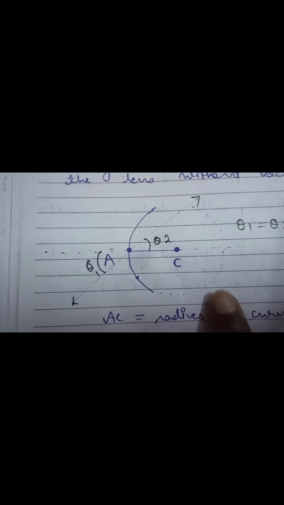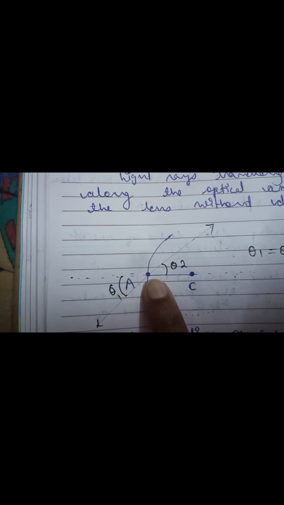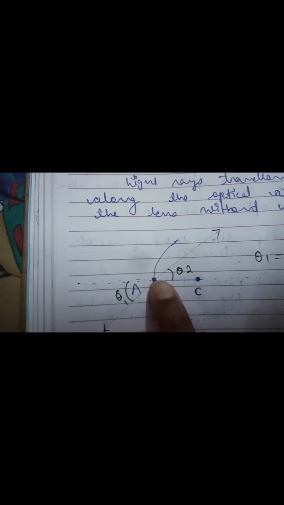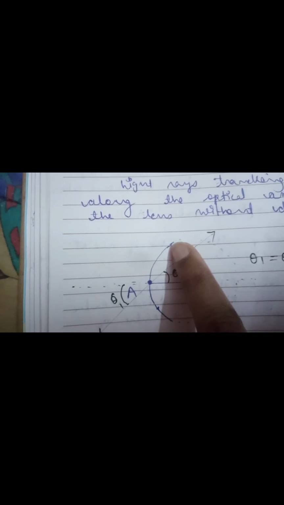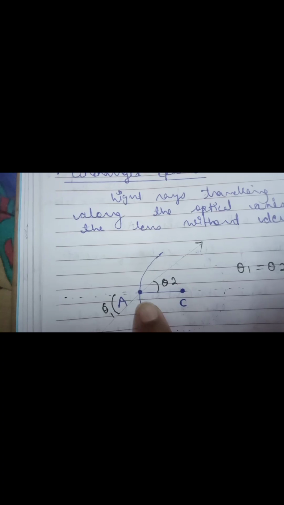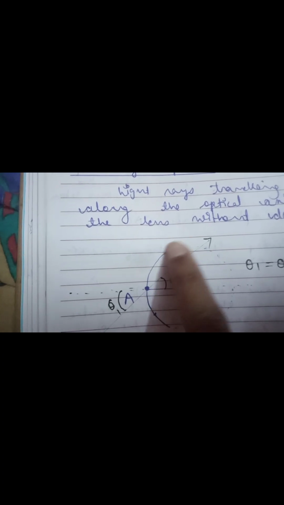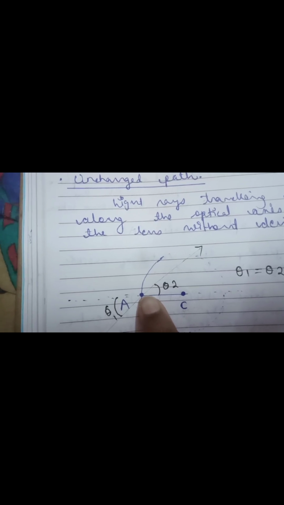So in this thin lens system, you will see this point A coincides with the geometrical center. Optical center doesn't necessarily coincide with the geometrical center of the lens unless it is a perfectly symmetrical lens coming from an ideal sphere. Like in this case, the optical center is coinciding with the geometrical center of this lens. It also coincides with the nodal point and the principal center.